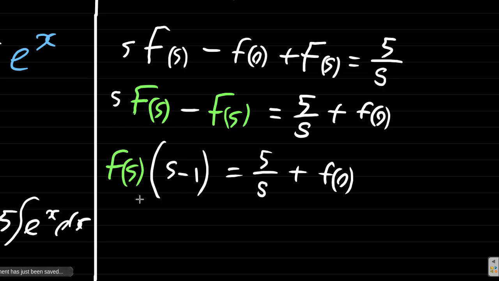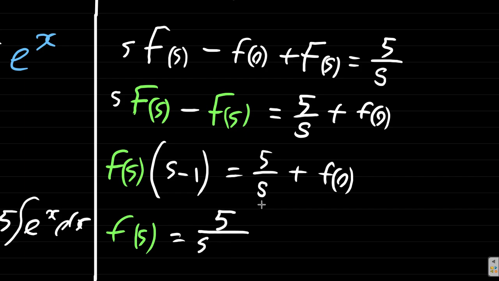Then divide both sides by s minus 1. So you have big F of s equals, when you divide both sides by s minus 1, this will be 5 over s. The s under here will multiply by s minus 1, plus f of 0 divided by s minus 1. Alright? So, that's what we have so far.